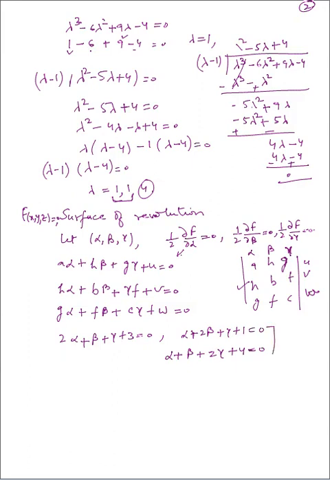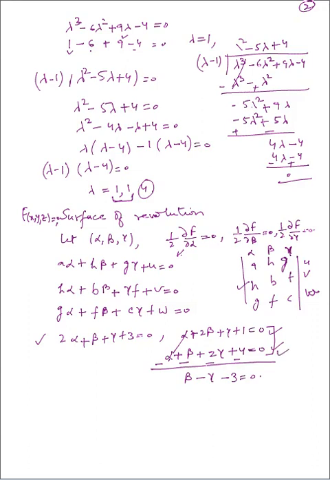If we solve these equations, we will find out the values of alpha, beta, gamma. Suppose we take these two equations, and we subtract them. So minus, it becomes beta minus gamma minus 3 is equal to 0. So we take this one and the third equation.